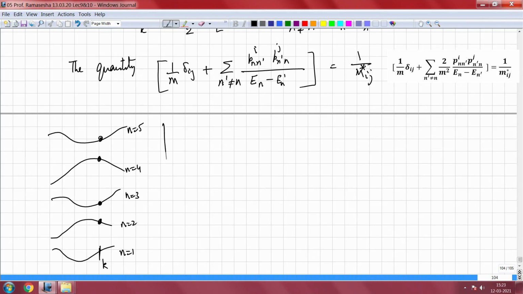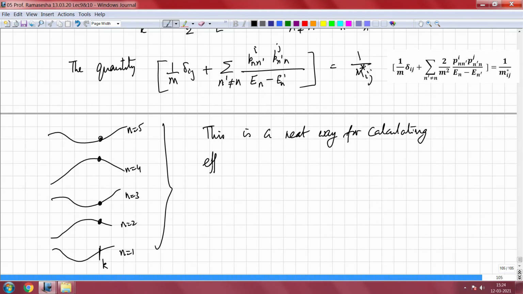So this is a neat way for calculating effective masses from band structure. So what does a band structure give?